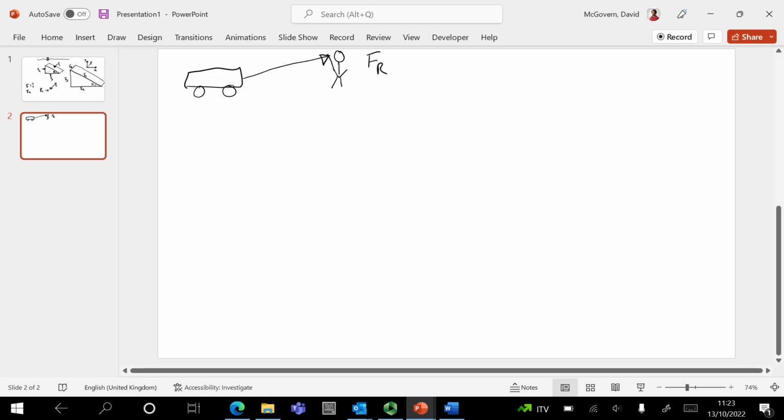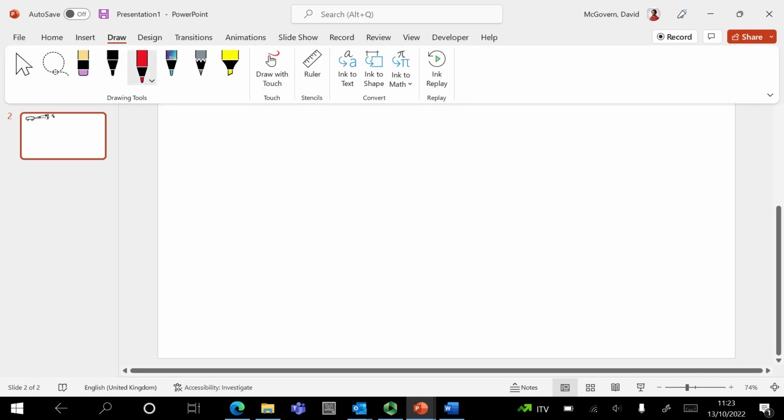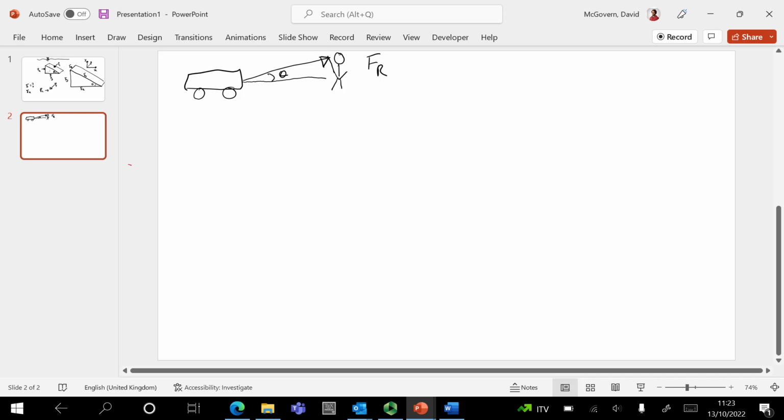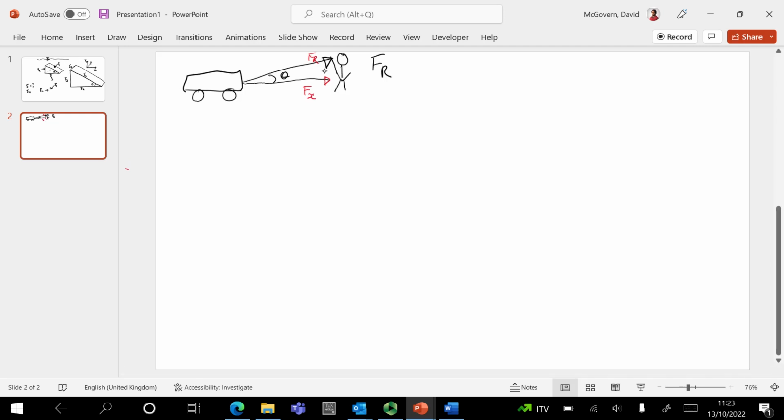Now, because I'm taller than this trolley or this cart, my rope is off the horizontal by an angle theta. That means this force which I'm applying to the rope, Fr, can be divided into two subcomponents. This one, which is how much of that force goes into pulling it in the horizontal, and this one, which is how much of Fr is pulling it in the vertical, Fy.